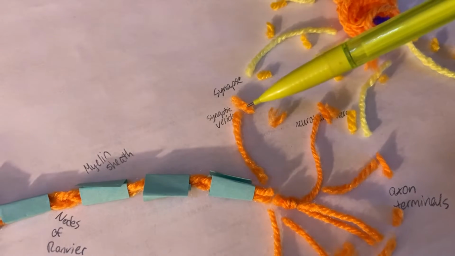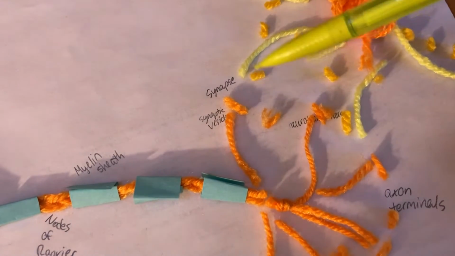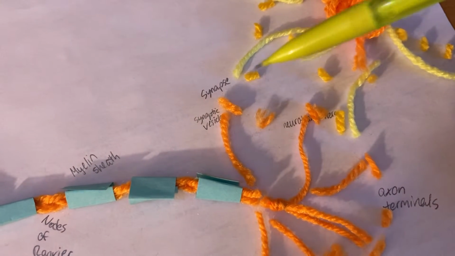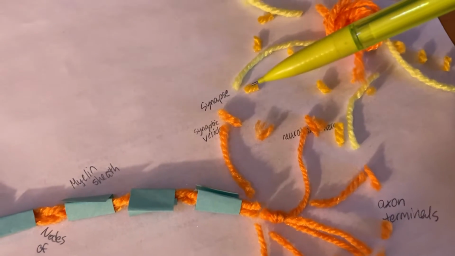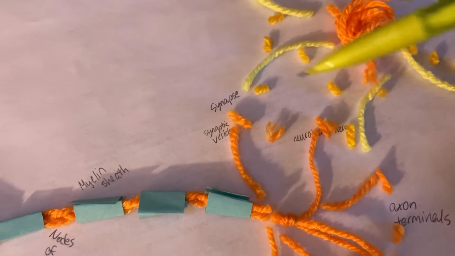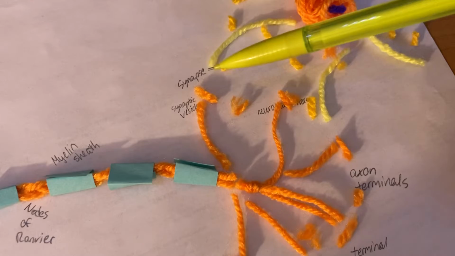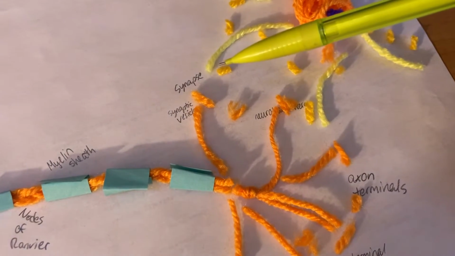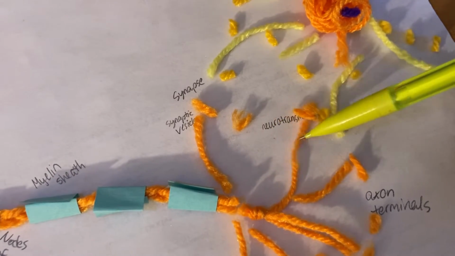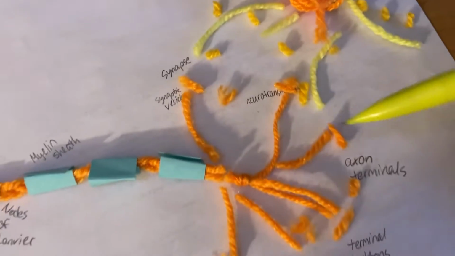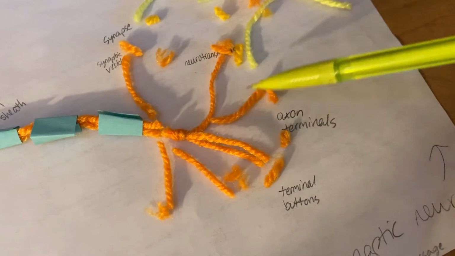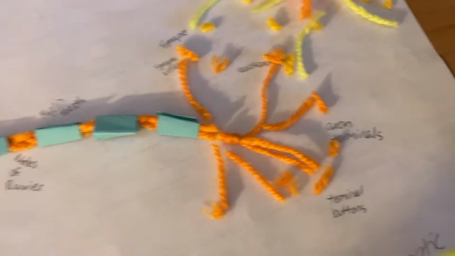Oh, that's the axon terminal buttons, are at the same place, and then the neurotransmitter gets moved from the axon terminal to the synaptic, well, it's stored in the synaptic vesicle, but it moves to the other neuron. Neurotransmitters are also stored in the terminal buttons. These are axon terminals right here, and then the terminal buttons are knob-like structures at the end of the axon terminal.